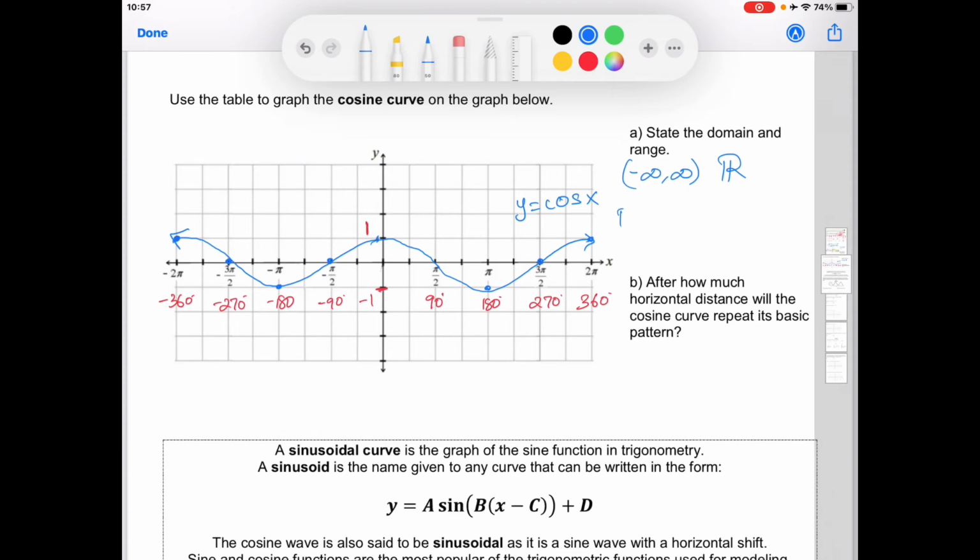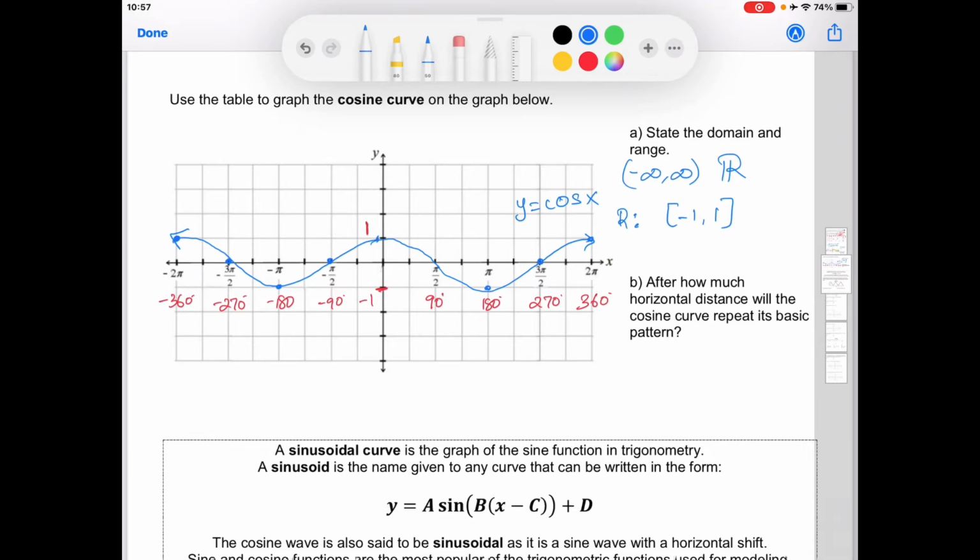Your range is from the lowest to the highest, negative 1 to 1. You'll be like, sine and cosine do have the same range and domain. Yes, they do, because they behave exactly the same. The only thing is there is a little shift happening, which we'll talk about later, but the rest is almost the same.